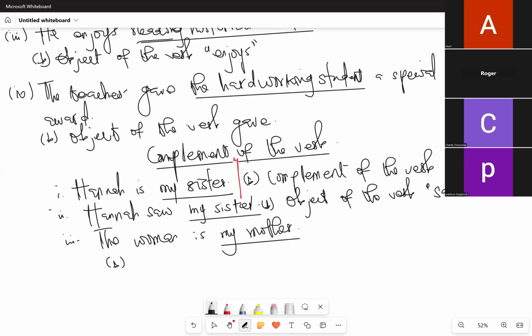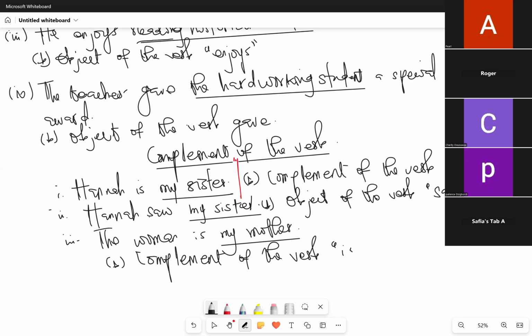So write that. Complement of the verb is.